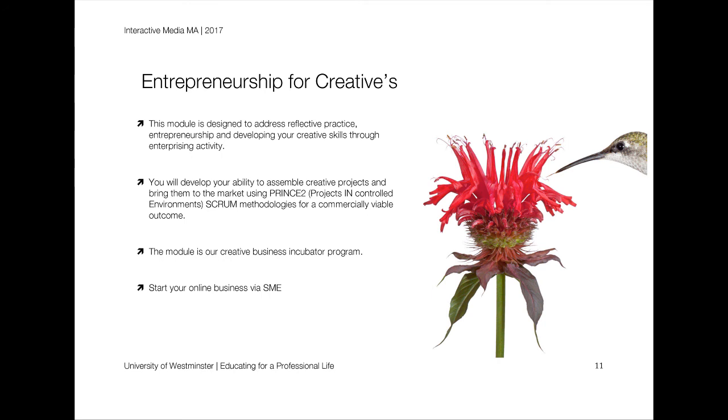And the students will learn a number of things on this module, in the sense that we do encompass the Prince 2, which is projects in controlled environments. I myself am a Prince 2 practitioner at practitioner level, and for those of you who are not familiar with Prince, it's very interesting. It's the industry de facto. It's equivalent of being Microsoft certified or Cisco certified or Apple accredited.